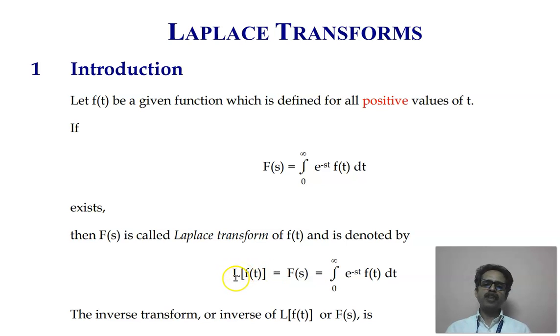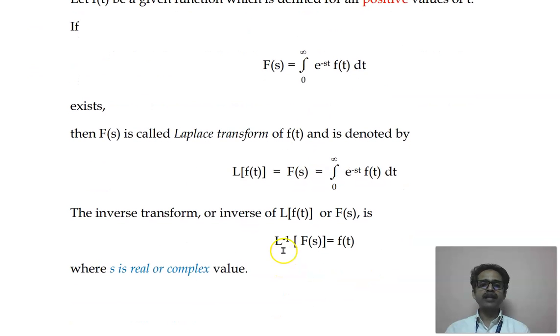If you change the side of this capital L from left to right, it becomes L inverse, and in that case we can have another equation, that is L inverse of capital F of s is small f of t.